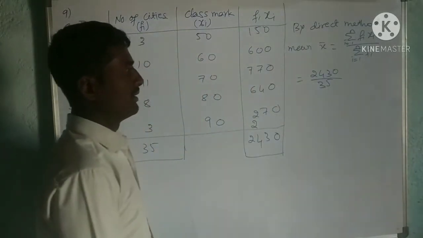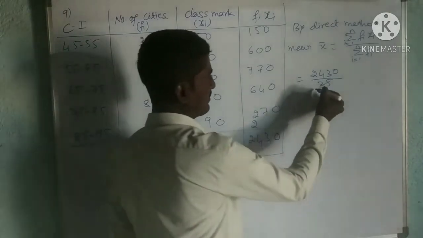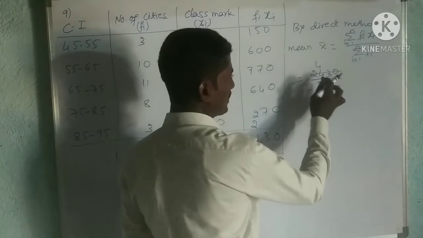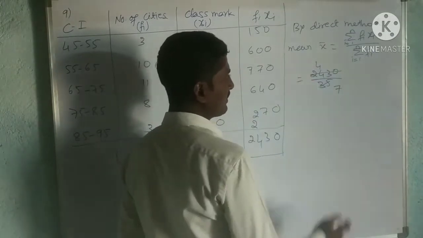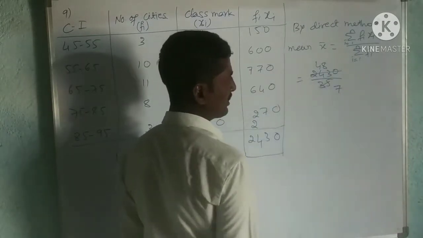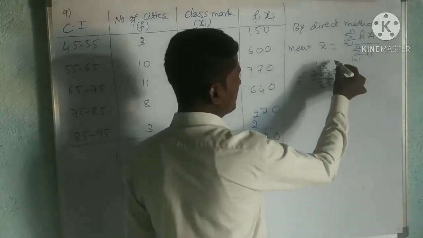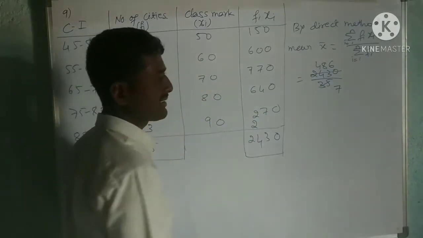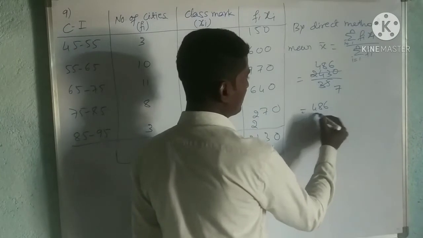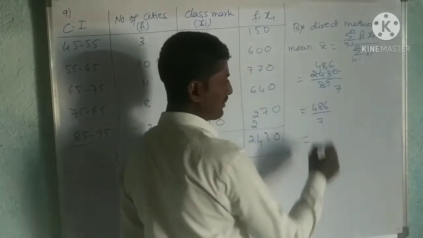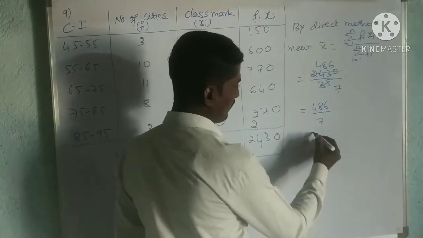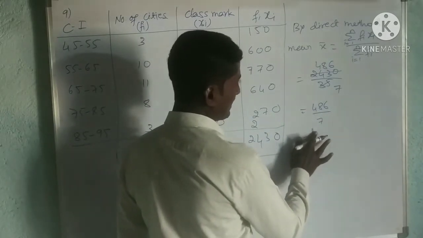Now we shall divide this by 5. 5 sevens are 35. 5 fours are 20. 43. 5 eights are 40. 43 remains, it will become 30. 5 sixes are 30. 486 divided by 7. Now divide this by 7. 48 is there.